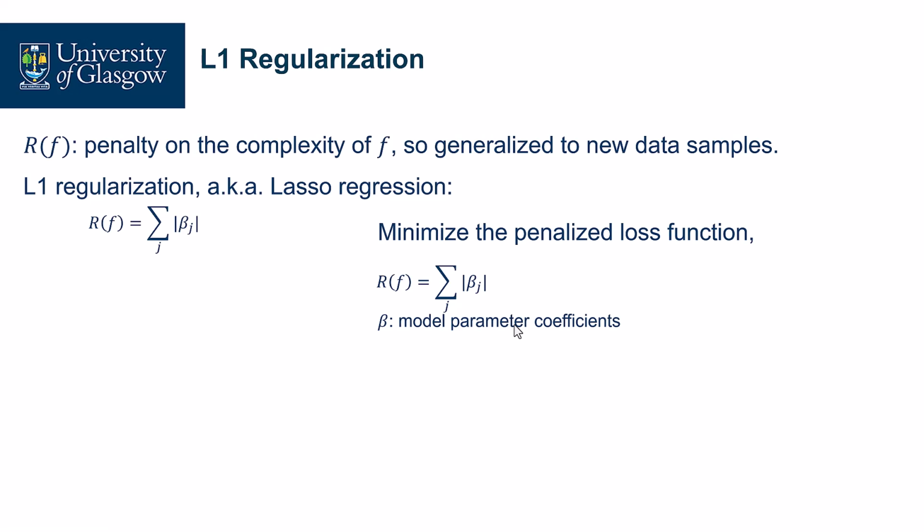Let's see why this can penalize the complexity of the model. Now we are minimizing this function. In a neural network, the model parameters are W and B, but let's make it simple and consider W. Say there is a W linked to an important feature. If we reduce the value of that W, this will cause problems in the error function, so it won't be reduced.